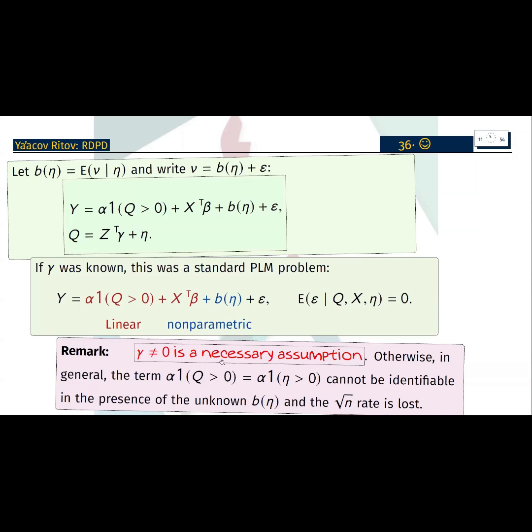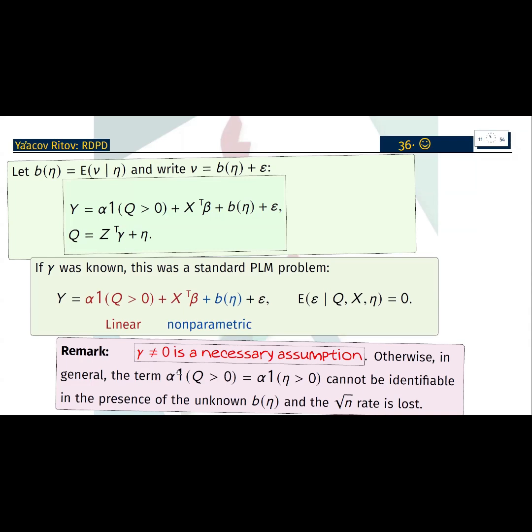One remark, I must assume that gamma is different from zero, so there is a real proper regression here. If gamma is zero, all my argument is going to fall apart. So that's a necessary condition.